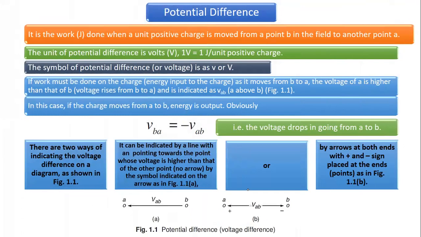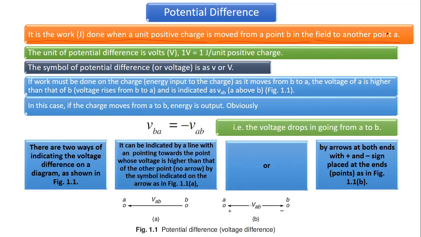Then let us understand what potential difference is. This also you have studied in physics. Potential difference can be defined as the work done when a unit positive charge is moved from a point B in the field to another point A. That is termed the potential difference.